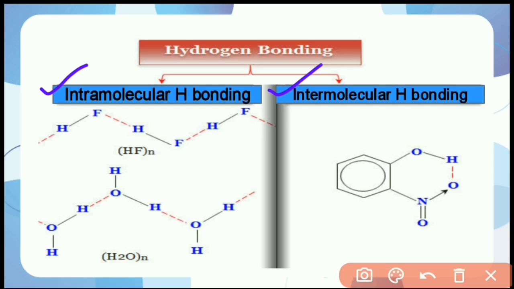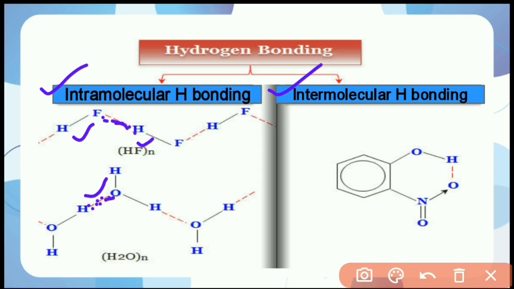Here, between two HF molecules, hydrogen bonding forms. Similarly in water, between two molecules of water hydrogen bonding forms.